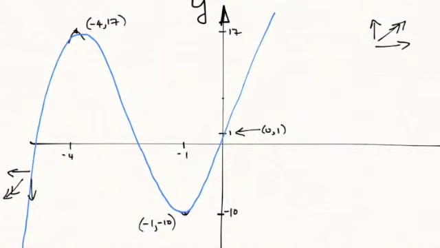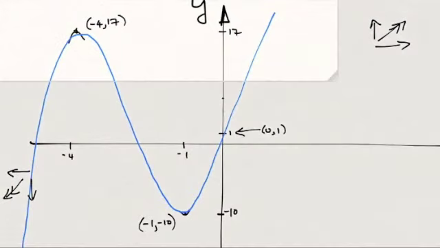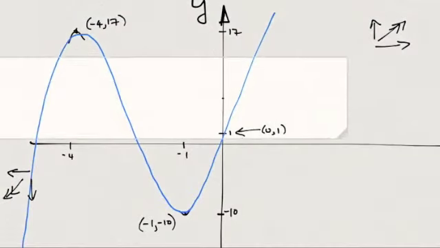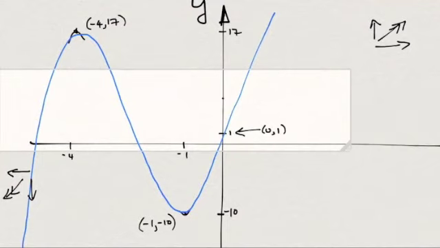And there is a point of inflection at minus 2.5. So somewhere there, when x is minus 2.5, there's a point of inflection. The curve changes shape when x is equal to minus 2.5.